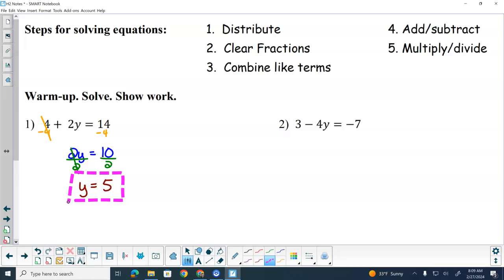Second one, up to you. First step. Subtract 3 from both sides. Okay. Those go away. So we got negative 4y equals what? Divided by what?